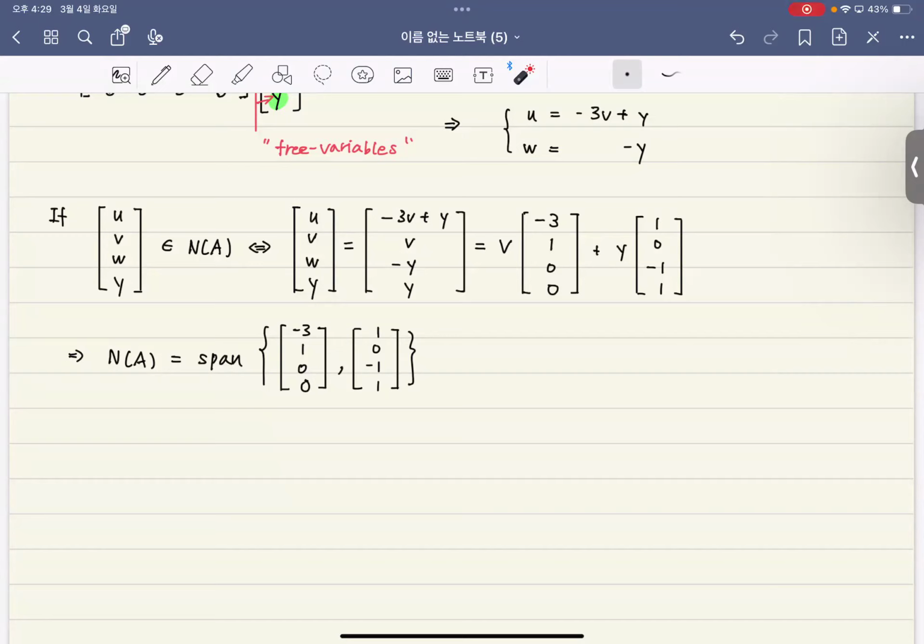That is the geometric description of the null space of A. Right?